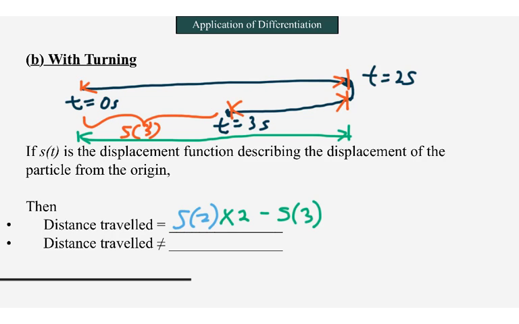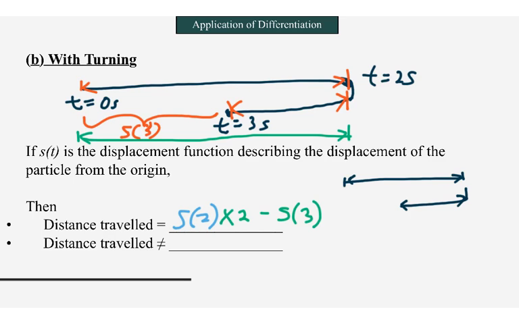So in this case, if the object is moving with turning, we have to mark the pathway of its travel. First it travels from this point to this point, and then making a U-turn, it travels from this point to this point. So there are two pathways.